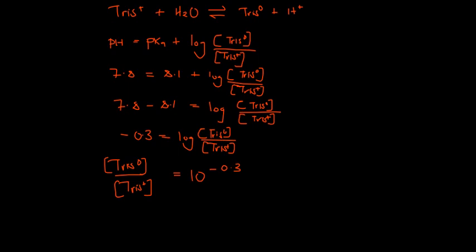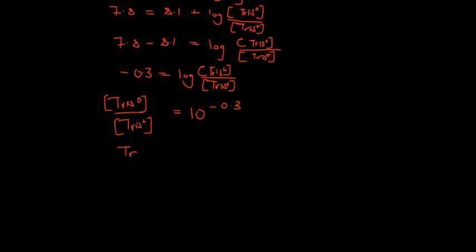So this will give us the ratio, the Tris base over the Tris acid. 10 to the power negative 0.3 gives us 0.50.